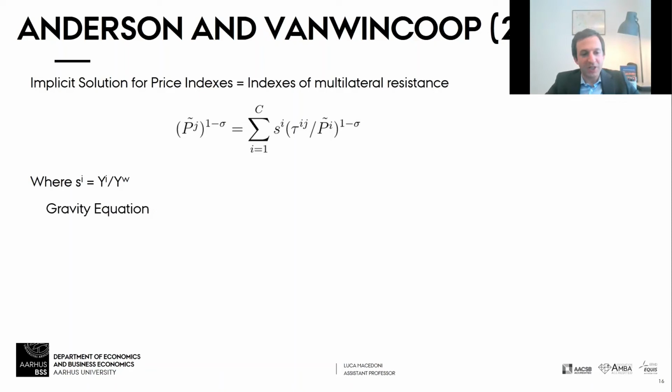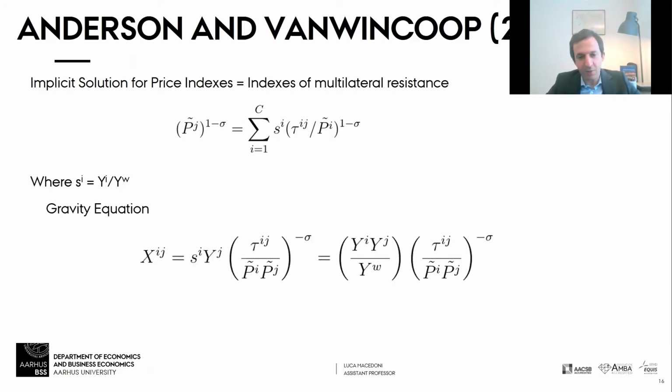Okay, so what is the gravity equation? Well, the gravity equation is simply that your bilateral trade flows are proportional to the product of the countries' GDP, I and J, normalized by the world GDP. Then we have tau_ij to the power of minus sigma. And then on the bottom there, we also have these two price indices: P tilde I for country I and P tilde J for country J. And you basically see that trade flows are proportional to country size and inversely proportional to distance.